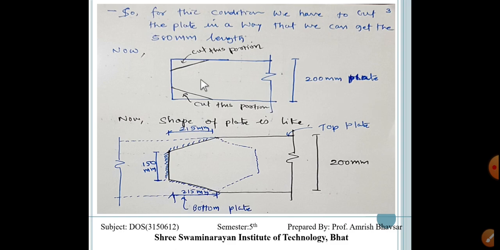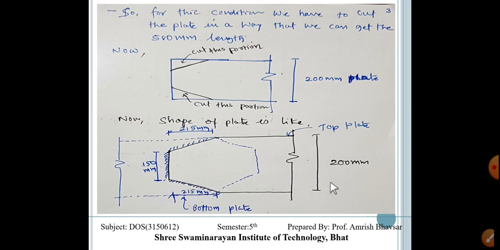Now our total length of the welding is 580 mm, and here this is 150. So 580 minus 150, we will get some value. That value must be divided in two parts. So after that we have to divide that length in two portions, and we will get the length of 215 mm. So here the total length of welding from here to here is 580 mm.